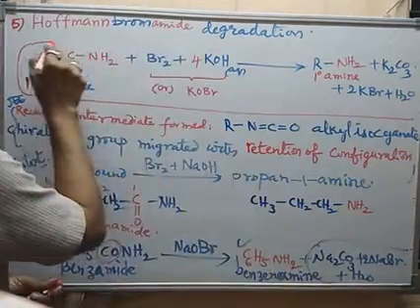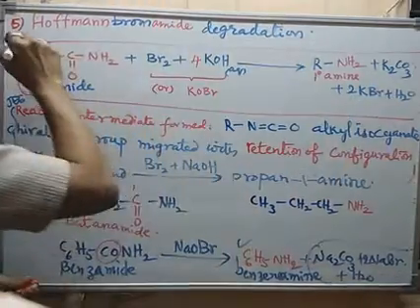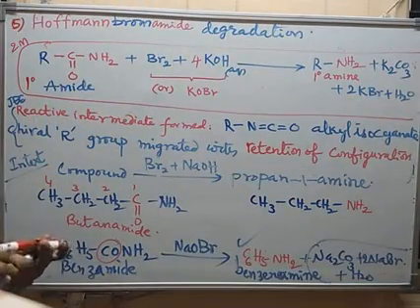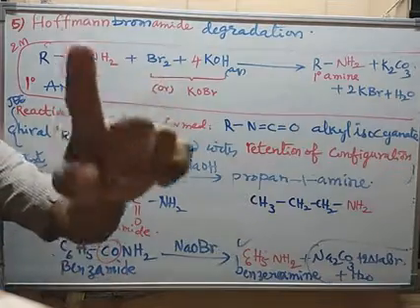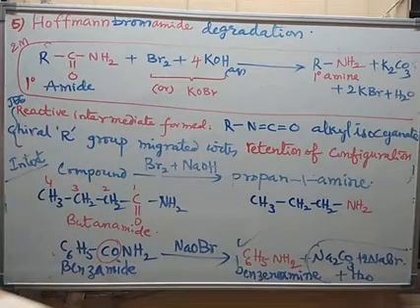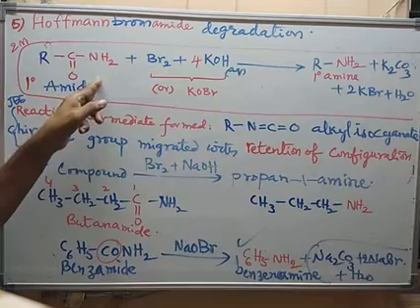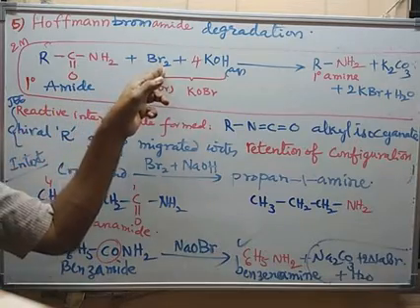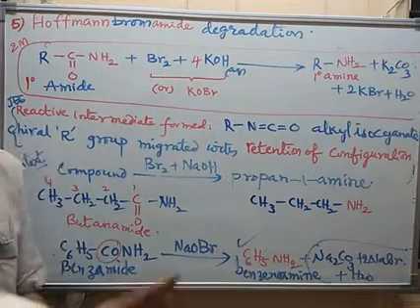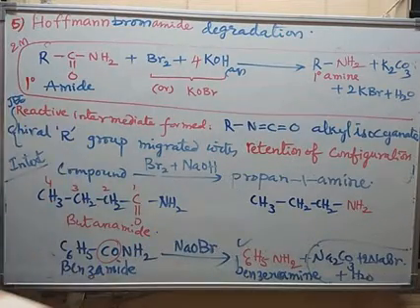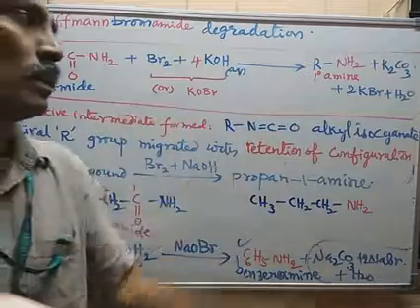This area is for 2 marks. How do you write the statement? Statement is 1 mark and reaction equation is 1 mark. Amide reacts with bromine and aqueous KOH to give primary amine. Over. In a competitive examination, what is the reactive intermediate?